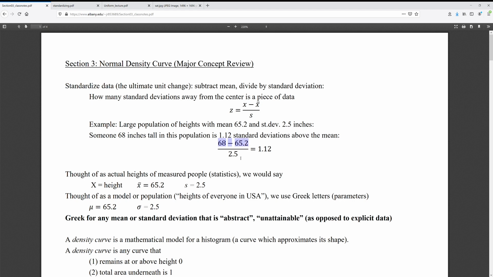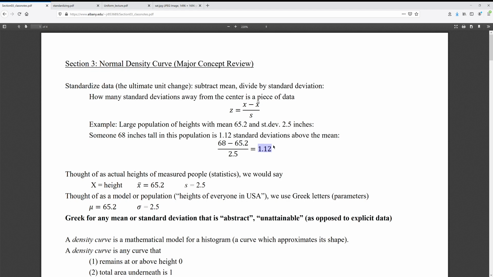Let me pop out my calculator. If we subtract 68 minus the mean 65.2, then we'll get 2.8. And if we divide that by 2.5, then we'll get exactly 1.12. So there you go. The standardized height of this person in this population is 1.12.